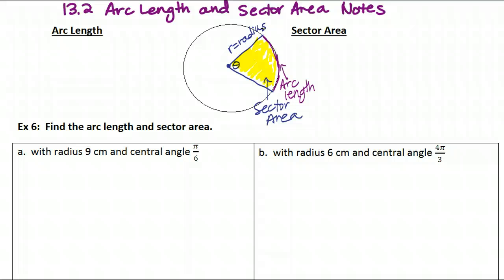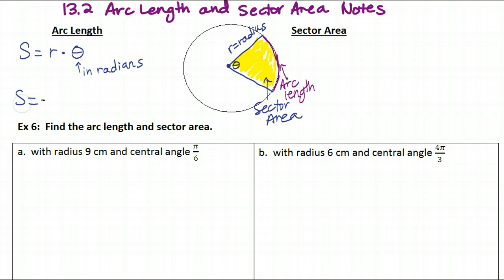Now, I have some formulas, and I'm going to give you the formula in radian measure and degree measure. For the arc length formula, for whatever reason, we use S for arc length. So S equals r times theta. R stands for radius. Theta is my angle, and the angle in this formula is in radian measure.